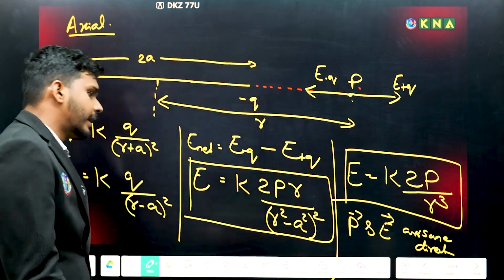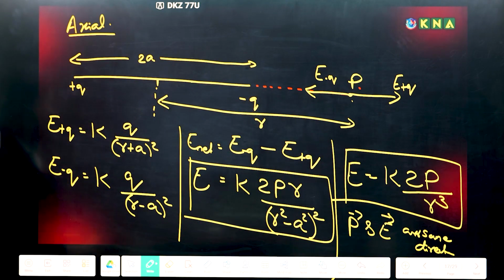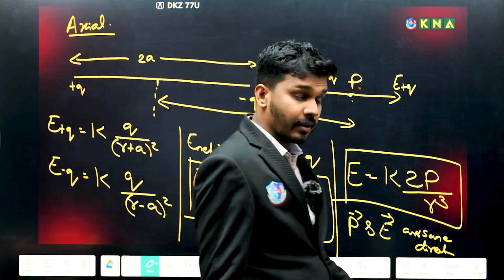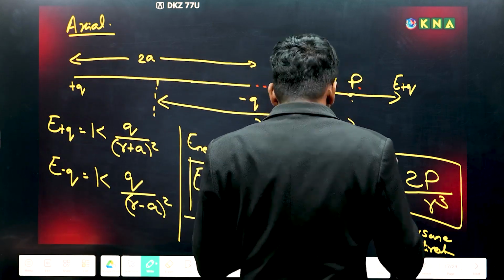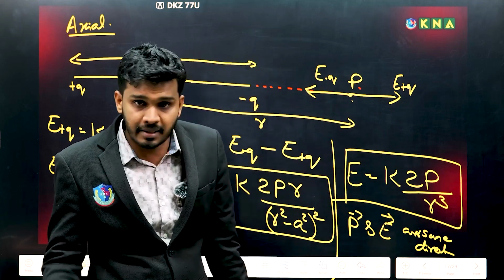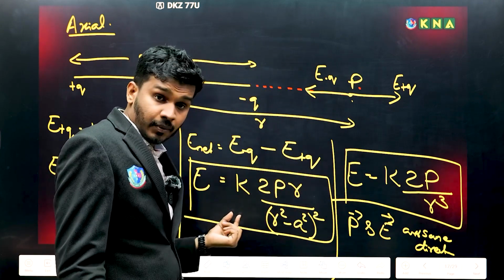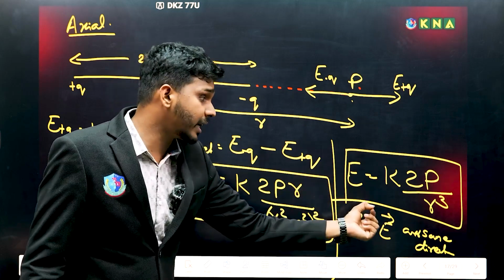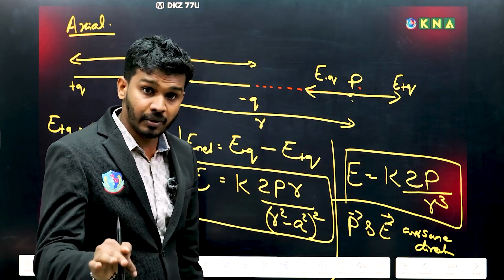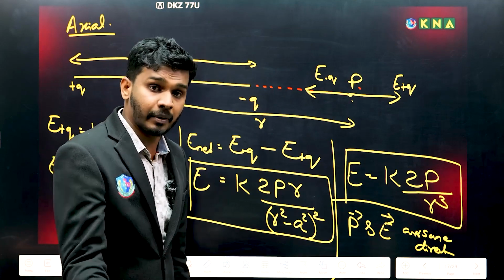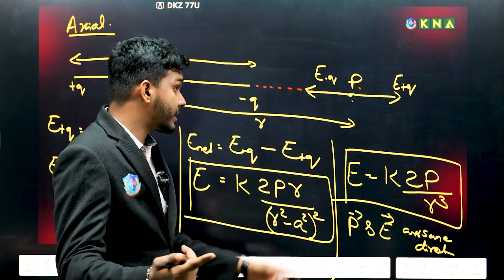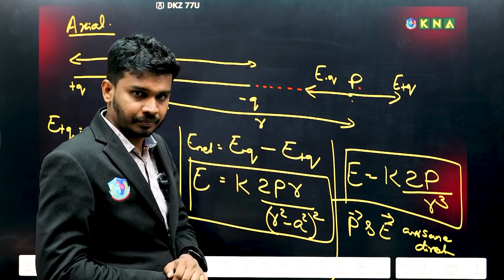So dipole moment and electric field are in the same direction. Learn these two equations by heart: one for the large dipole, and this one for the short dipole. Also understand that the electric field and dipole moment are in the same direction on the axial line.